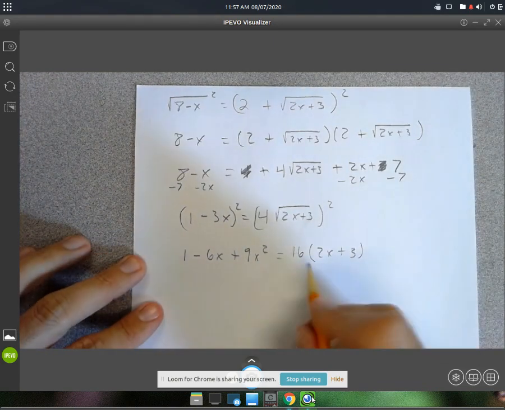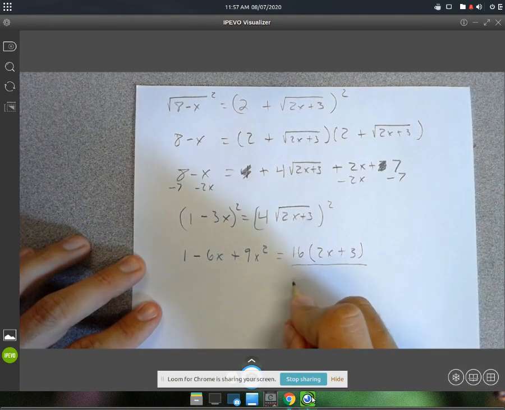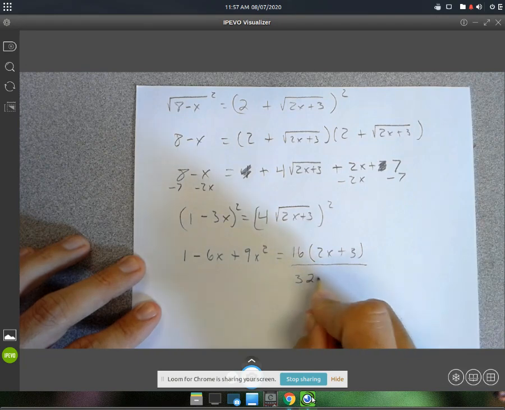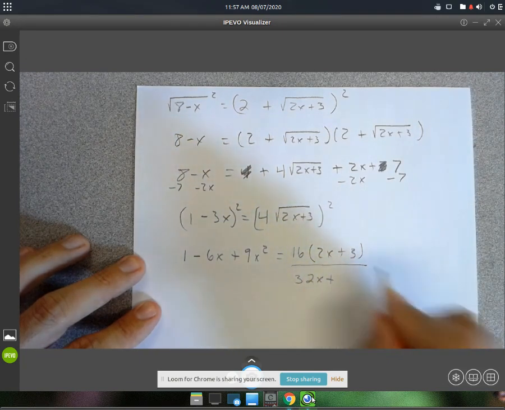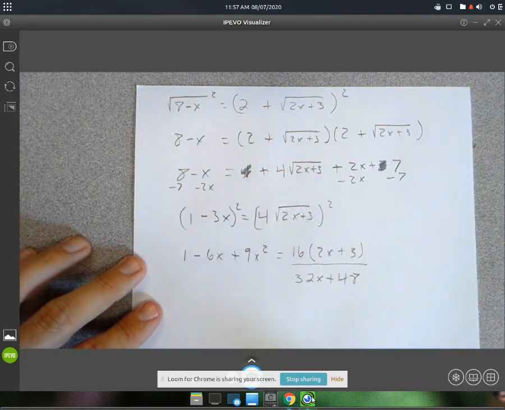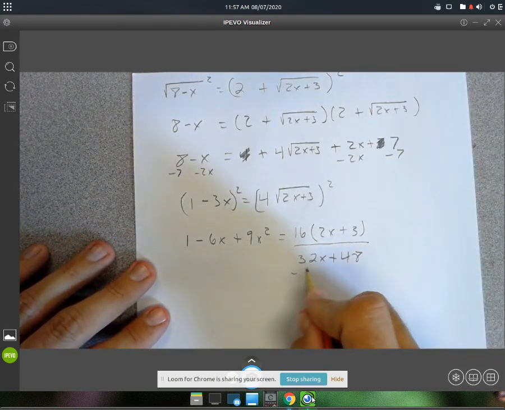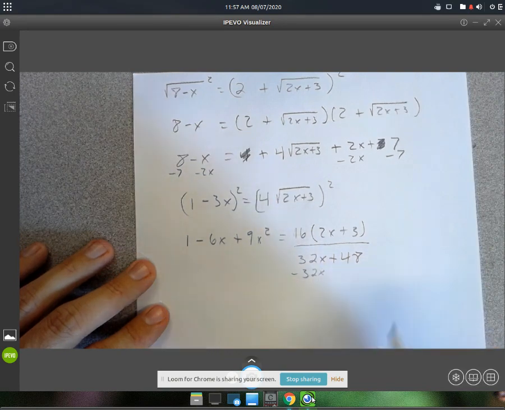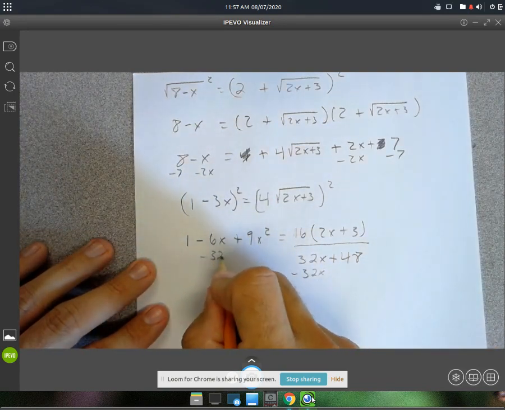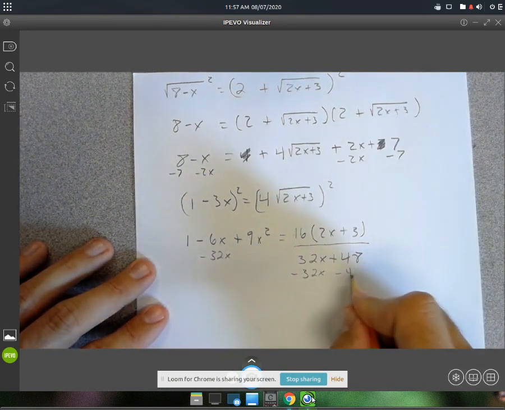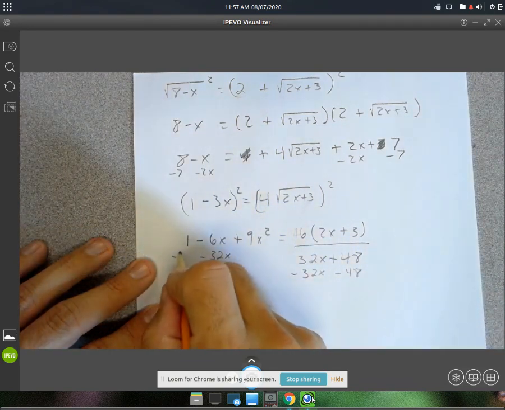All right, expand this. That'll give us 32x. 16 times 3 is 48. All right. Subtract 32x from both sides. Subtract 48 from both sides.